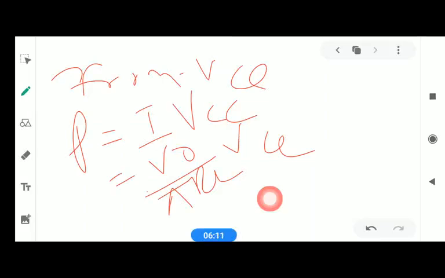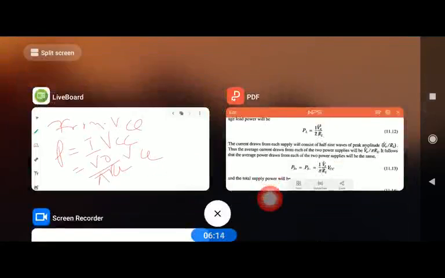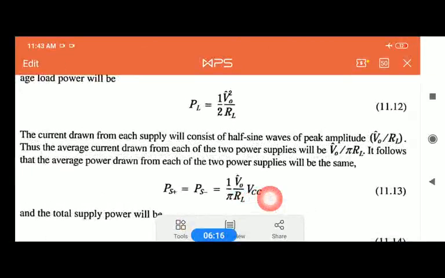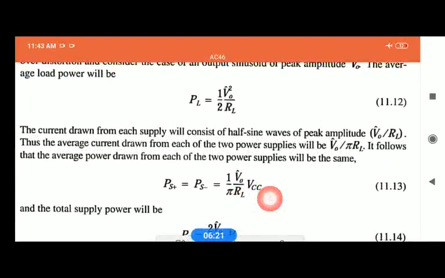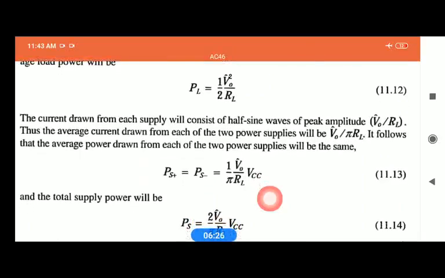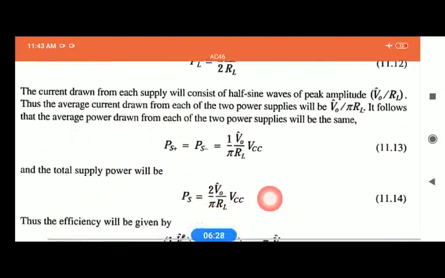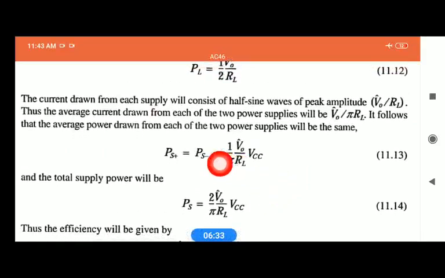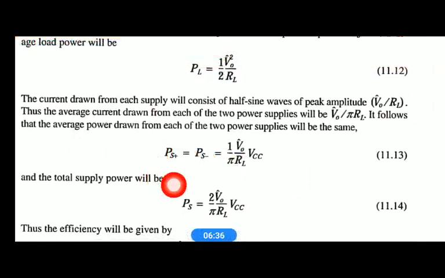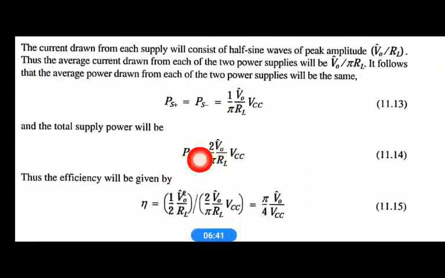So from the negative power supply also it is V0 by pi RL into VCC. Therefore the total supply power is one from the positive VCC and another from the negative VCC, so the total PS is two times this, one for positive and another for negative.